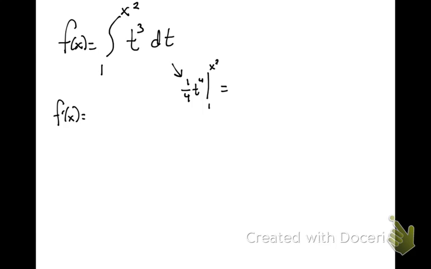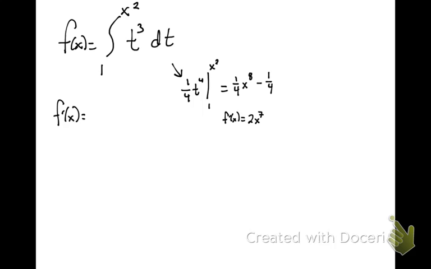And that's going to be equal to 1/4 x to the 8th minus 1/4. And then, since that's our function, its derivative must be equal to 2x to the 7th. Right? And that would be correct, and there would be nothing wrong with doing that.